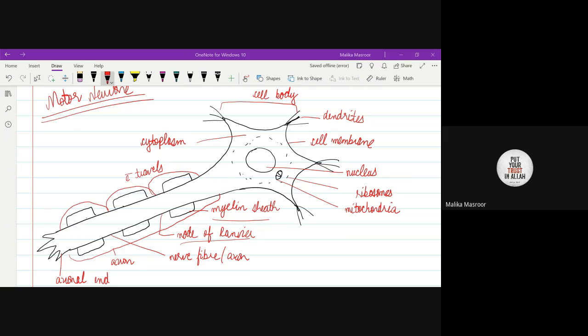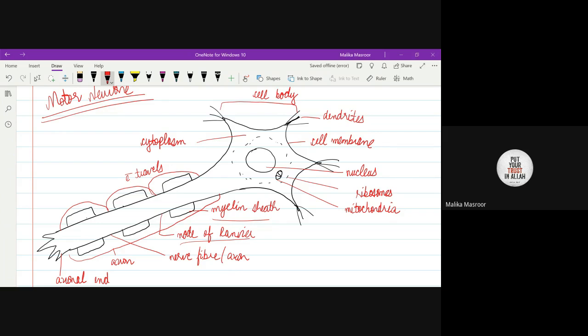And why are there gaps in your myelin sheath? These gaps are called nodes of Ranvier. They are gaps between the myelin sheath.